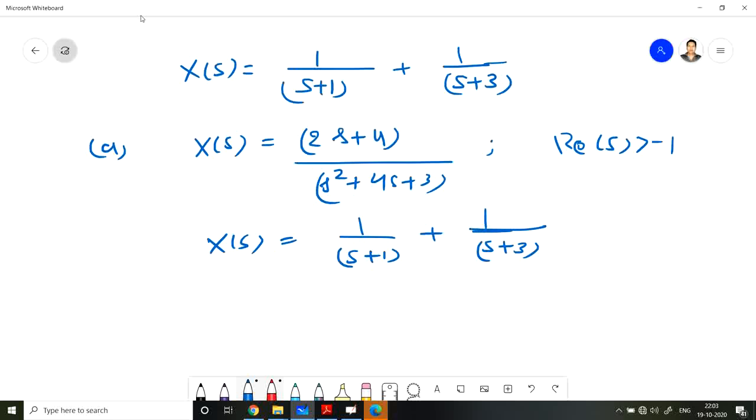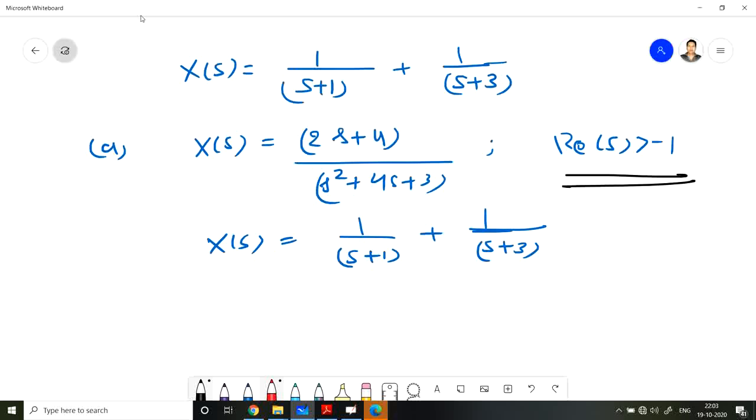Now please see the ROC. Please concentrate on the ROC. After concentrating on the ROC, we can see that the real part of s is greater than minus 1. It means that it is talking about right-sided signals.